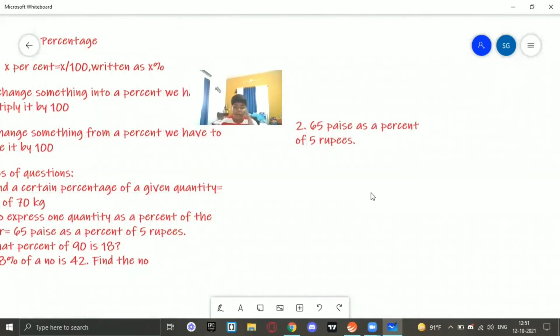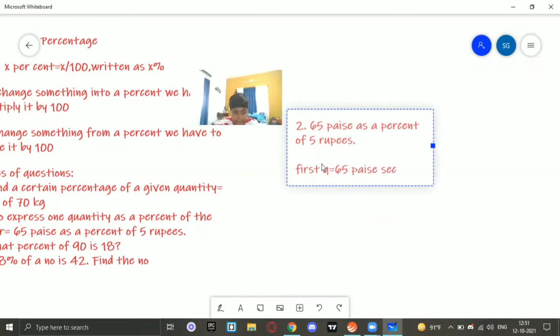So the units are not the same, are they? So before applying the rules, always change the units. We will write it like this: first quantity is 65 paise and second quantity is 5 rupees, which will be 500 paise, because 1 rupee equals 100 paise, right?